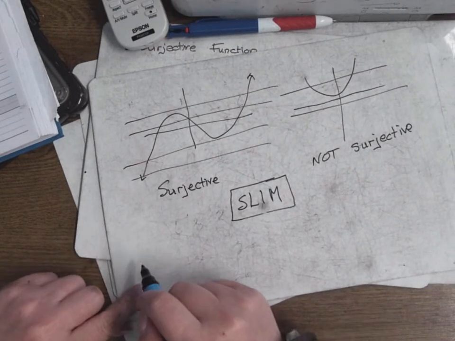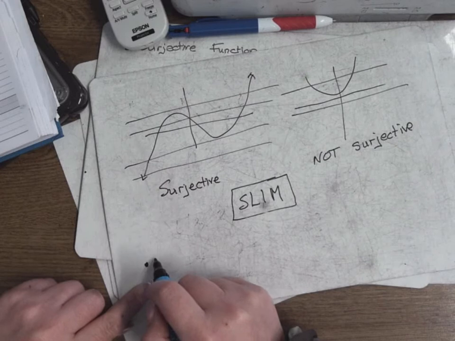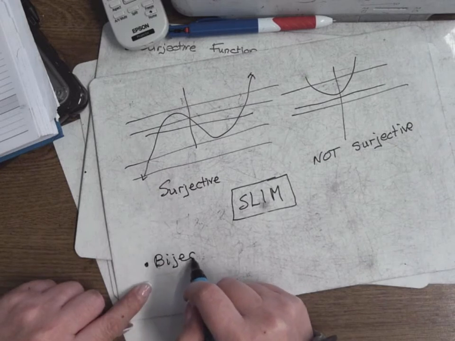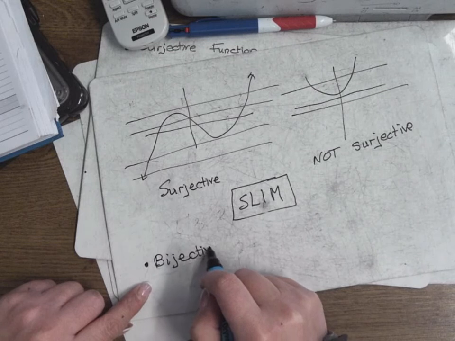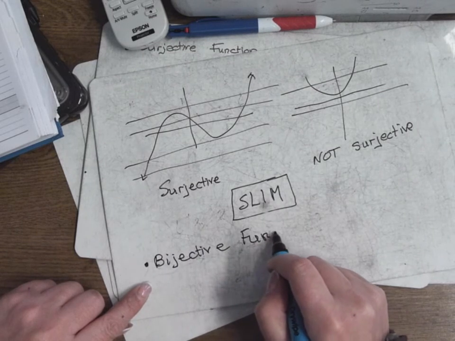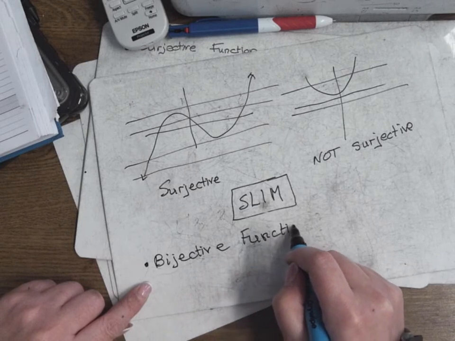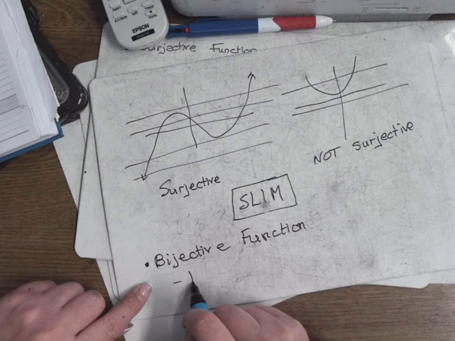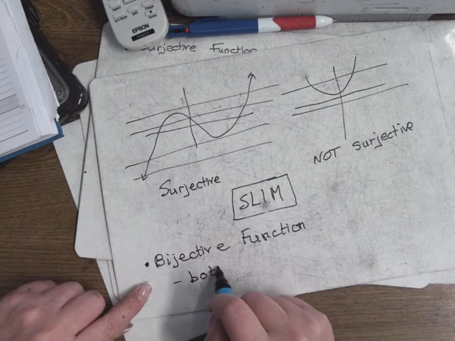Which brings me finally to the last one, which is a bijective function. A bijective function has to be both. So a bijective function is both injective and surjective.